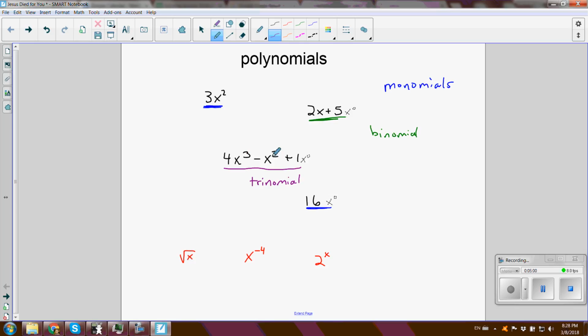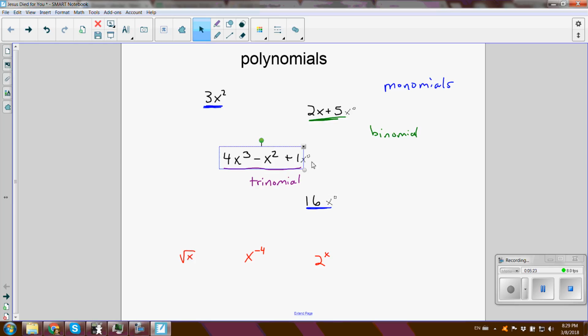But remember, all the powers of x have to be whole numbers. You can't have a fractional power. You can't have the x in the exponent either. Now you can add polynomials, subtract polynomials, multiply polynomials and divide polynomials.